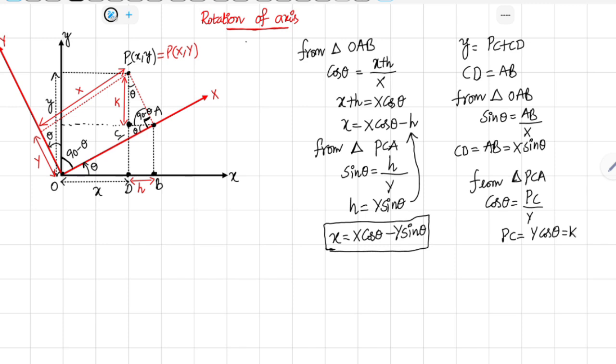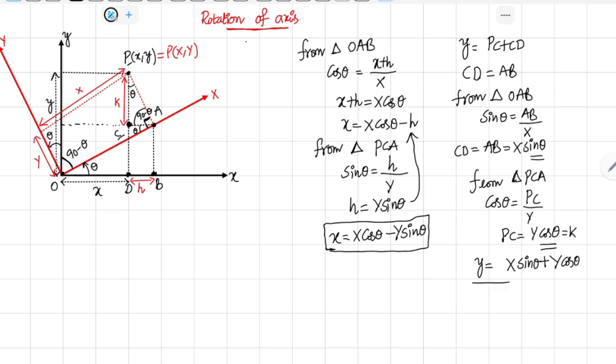You can easily observe that. Now I got PC value and I got CD value. Therefore y is equal to PC plus CD. So small y is equal to capital Y cos theta plus capital X sine theta. So X sine theta I am writing first and then I am writing capital Y cos theta.